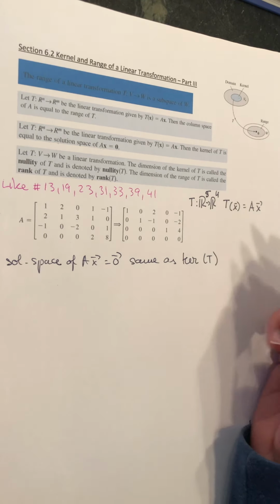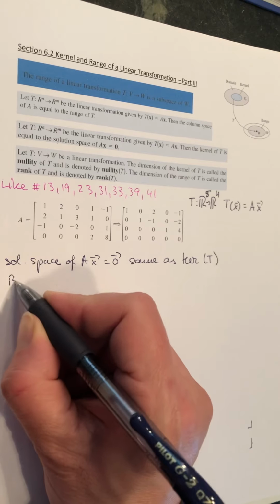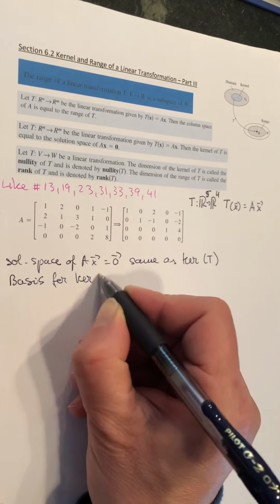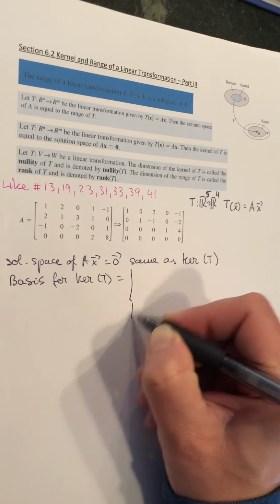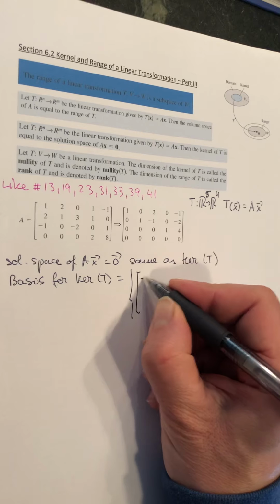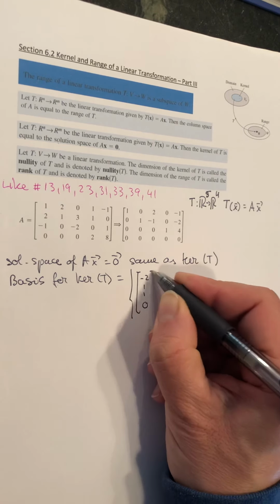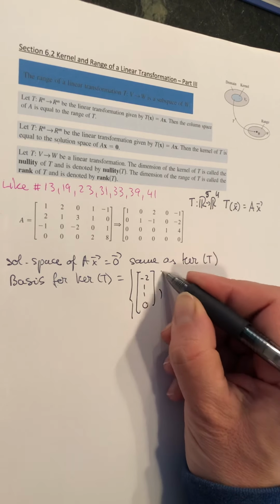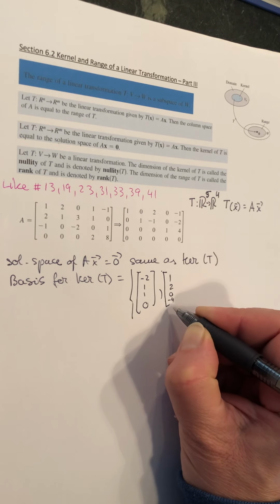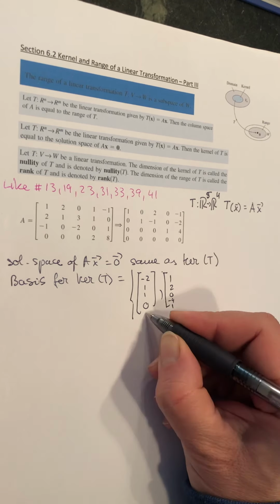So we saw that a basis for the kernel of T was made of these two vectors: -2, 1, 1, 0, 0, and 1, 2, 0, -4, 1.